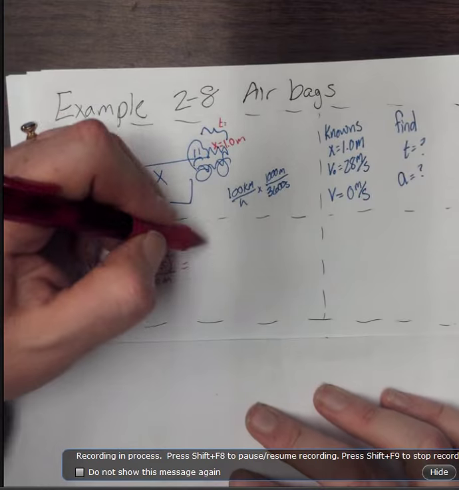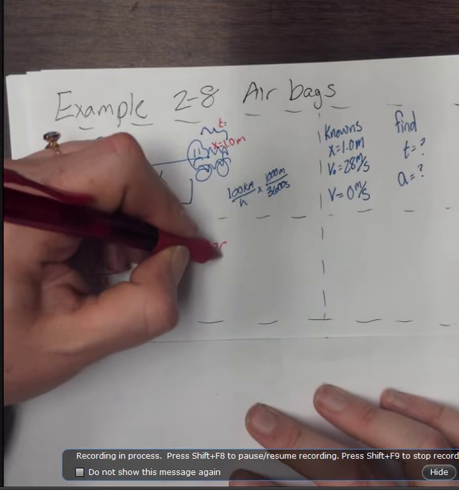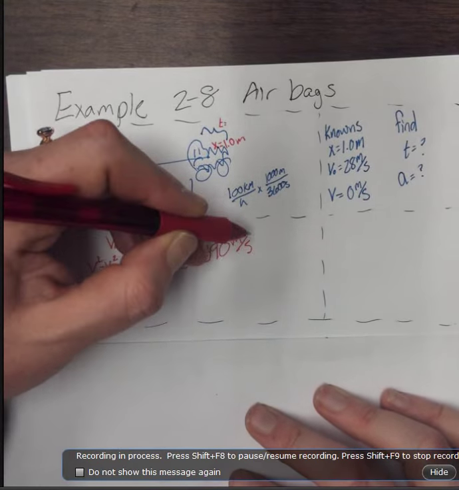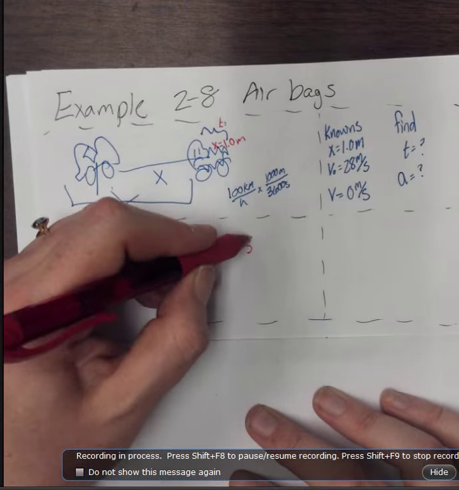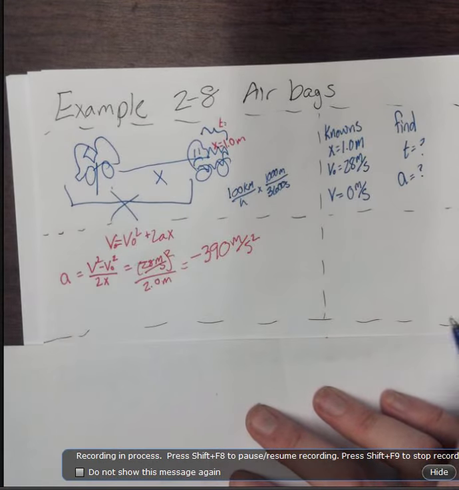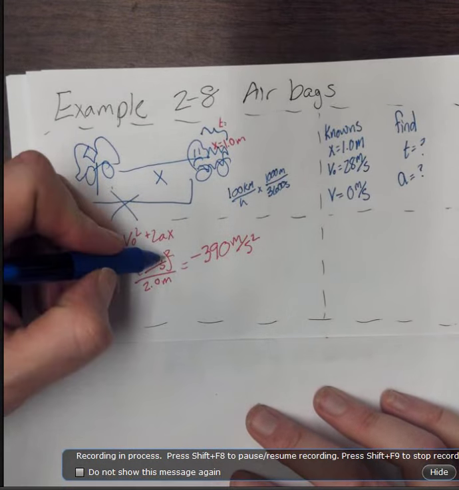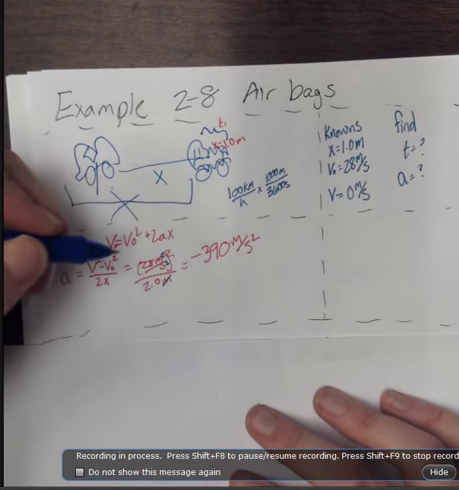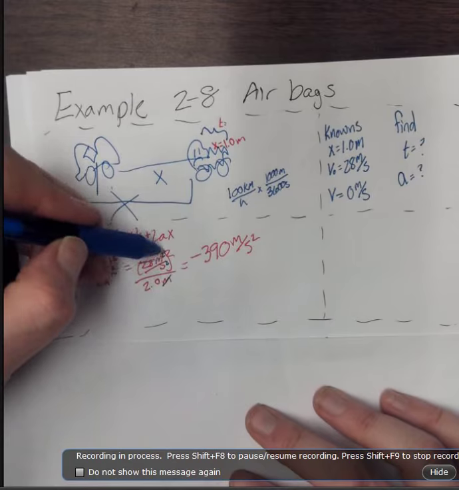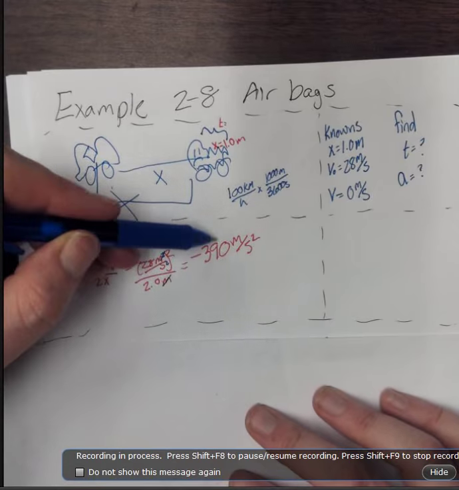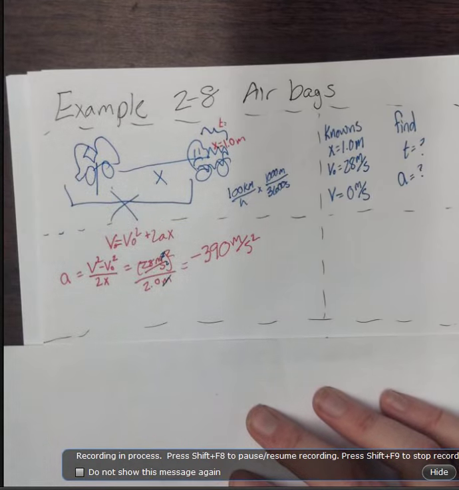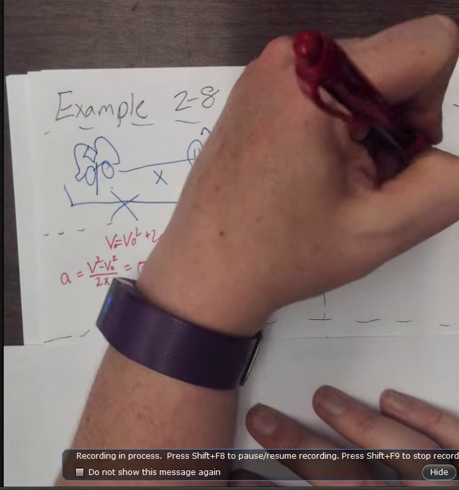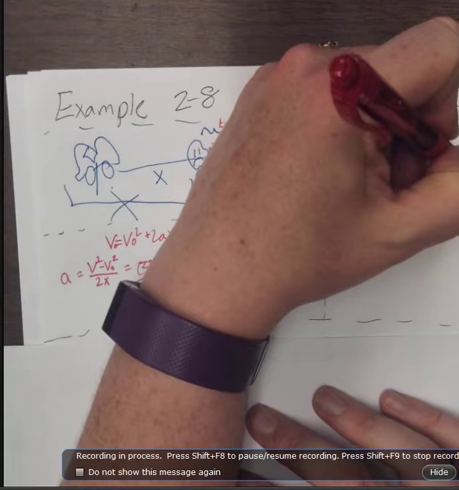All right, and that's going to give us an acceleration of negative 390 meters per second squared. Checking my units, that becomes meters over second squared. That meter cancels with one of those meters, which gives us 1 meter over seconds squared. So that's our acceleration, which we can now record up here as negative 390 meters per second squared.